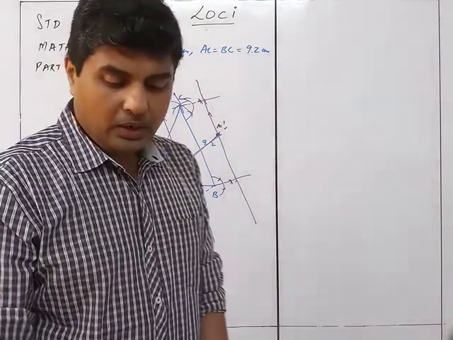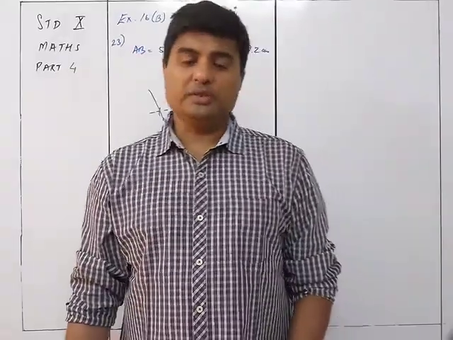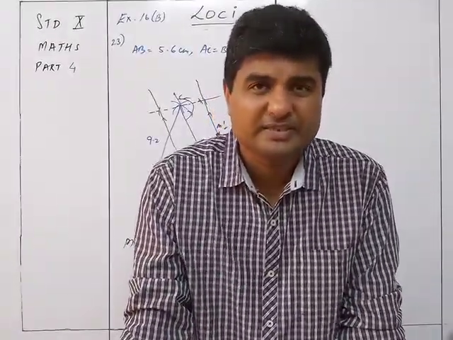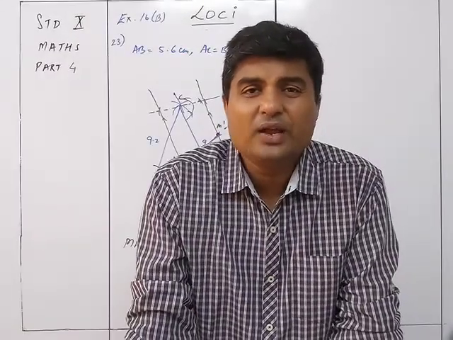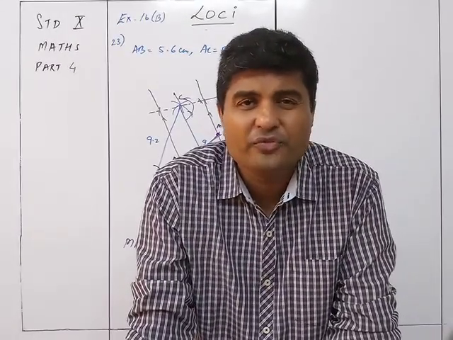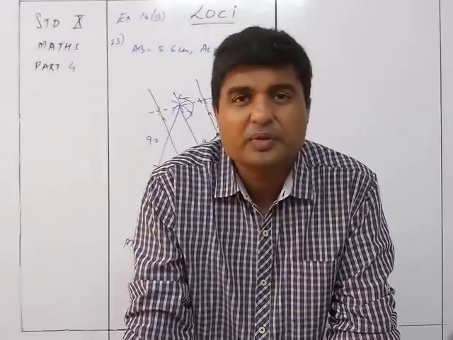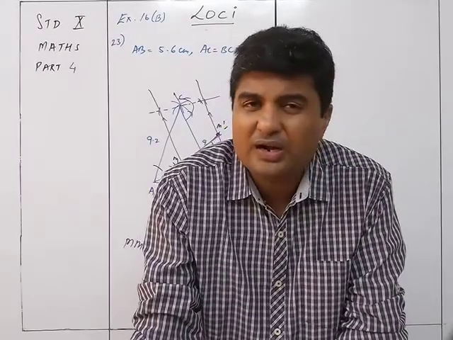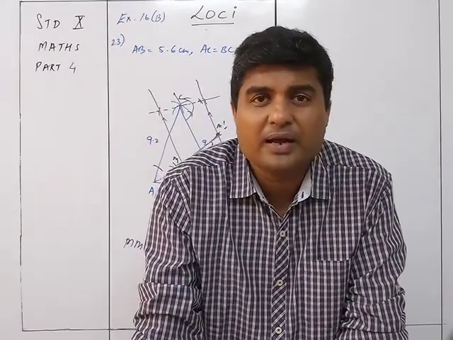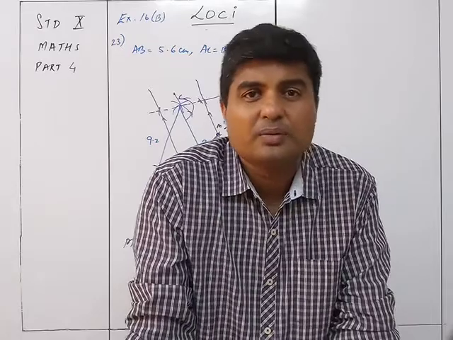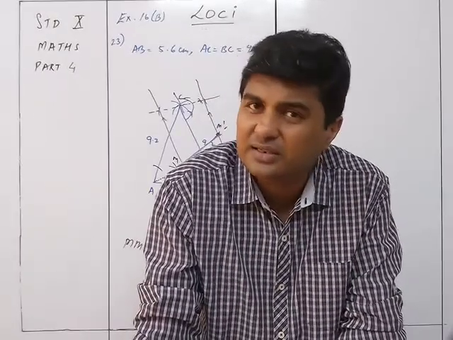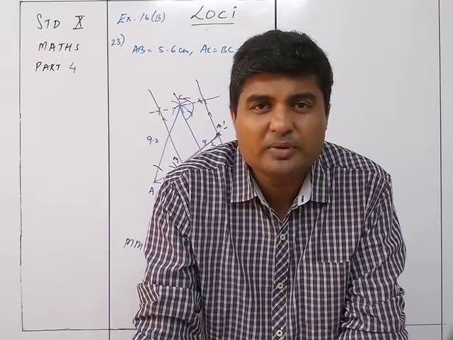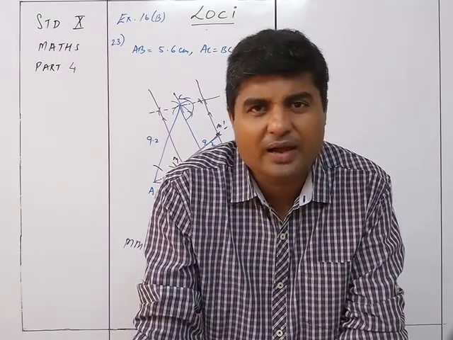Now in locus, one of the maximum number of mistakes which people make is missing out on writing the measurements of the sides or angles or something which is asked in the question. People draw the figure absolutely right, nothing wrong in it, but if it is asked to measure AB, measure BC, they forget, because a normal student will consider that they have drawn it, and the answer is finished.